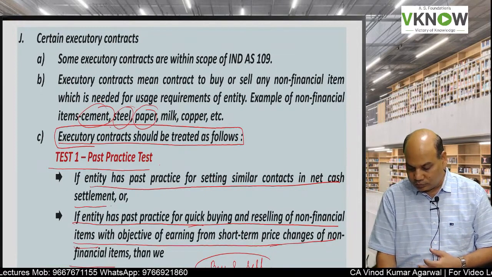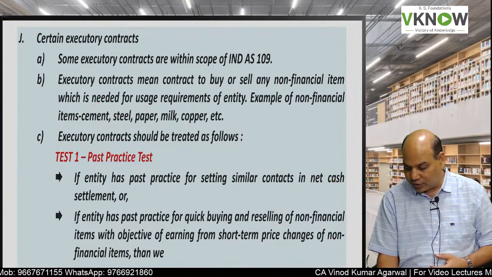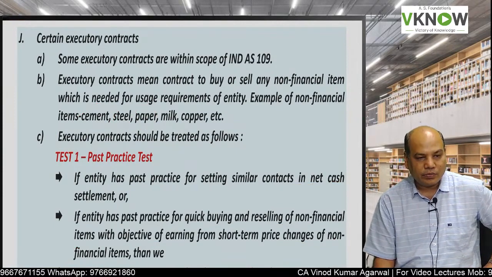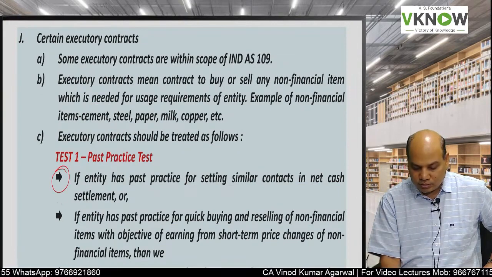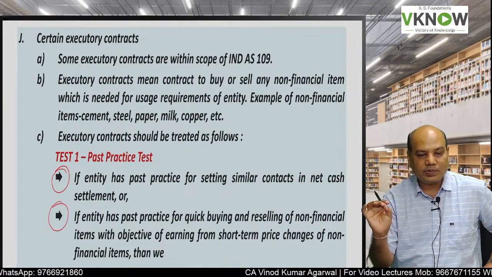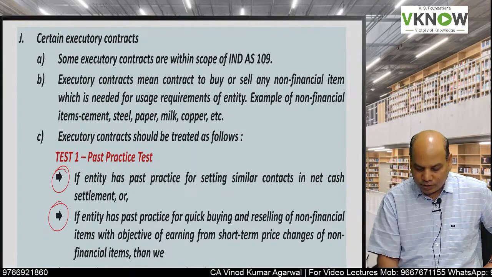So I buy it and I sell it and I corner the price differences. Then what we will do in such cases? Past practice test has been satisfied. So one, I have the history of net settlement. Second, I have the past practice of buying and selling it immediately to make quick profit.